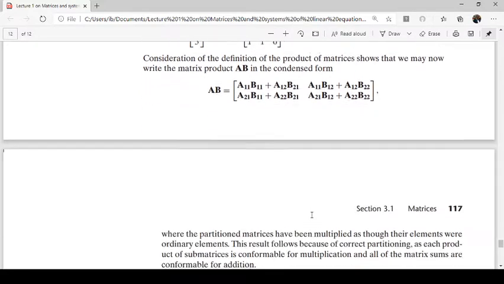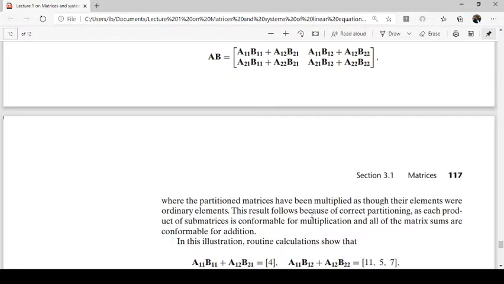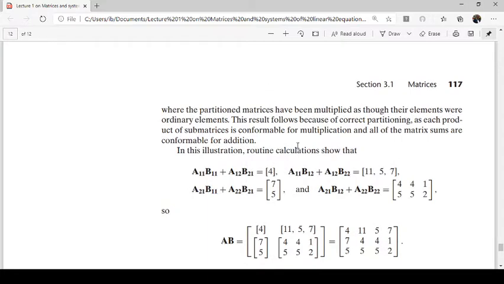Now, for you to do that, you practice that on your own. I want to just explain this one for you. This A11 B11 plus A12 and B21. Now, when you check here, A11 times B11 plus A12 times B21 gives you the matrix 4.